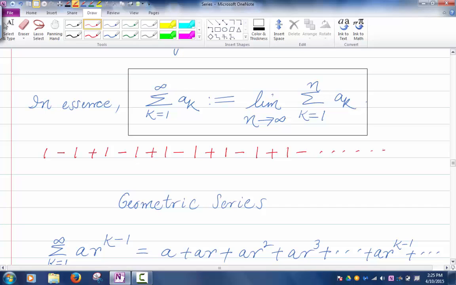What are the terms of the series? They are all 1, alternating in signs.